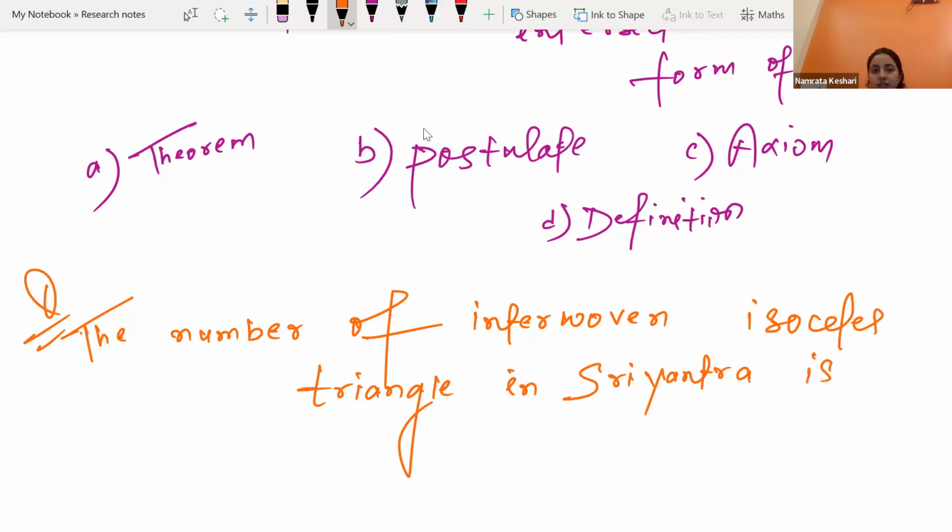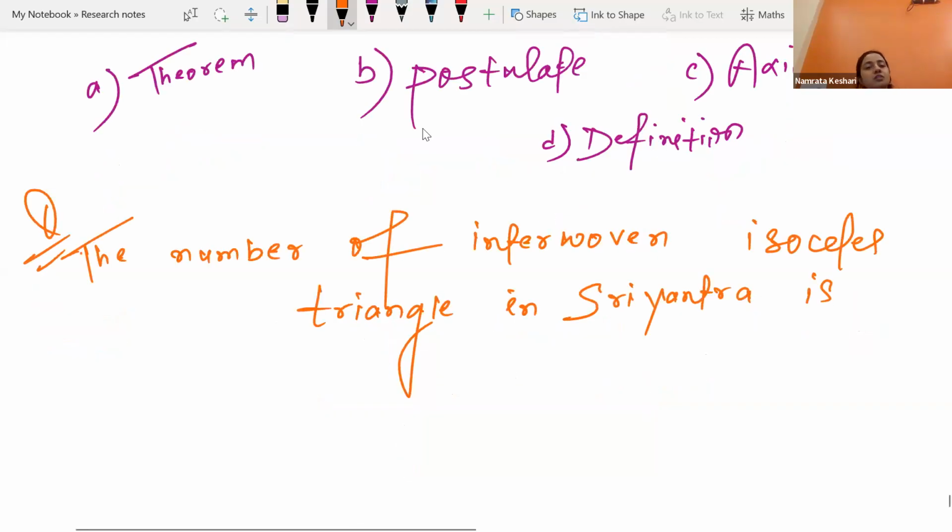There it is mentioned what the Sri Yantra is. Not many questions come from there.